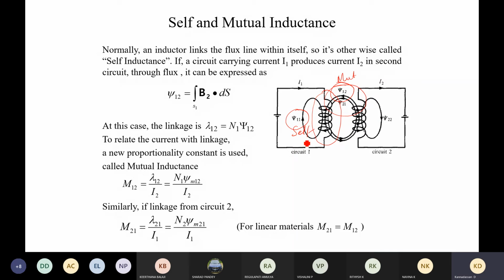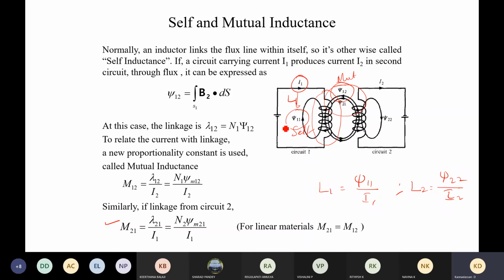You can connect the current flowing through each loop with its linkage: L1 is psi11 divided by I1, and the same for the second circuit, where L2 is psi22 divided by the current I2. There is also a mutual linkage between them, which can be calculated with respect to current I1 or I2.